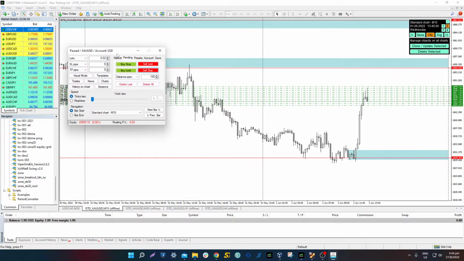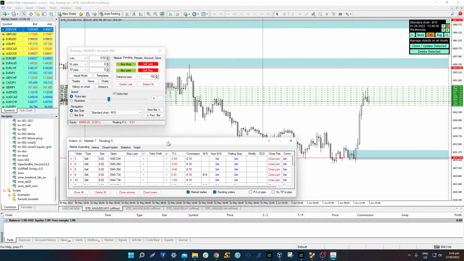So let's play the chart. It's about 100. I remember the good number is about 100 ticks. Yes. And now we're in the trade.